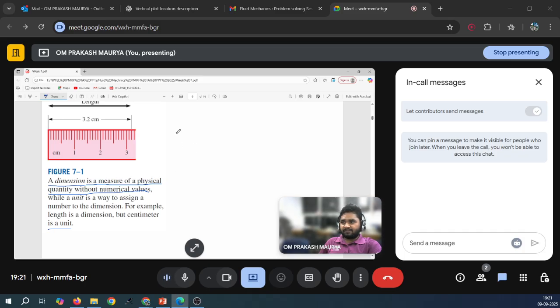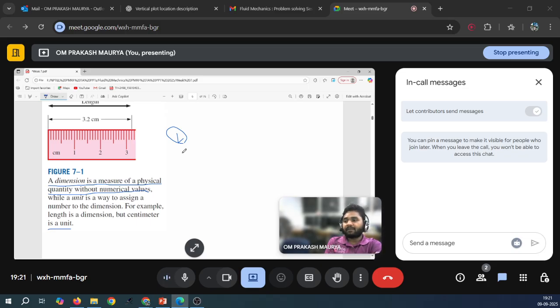So let us suppose length. What is the length of your screen, your laptop screen or mobile screen?